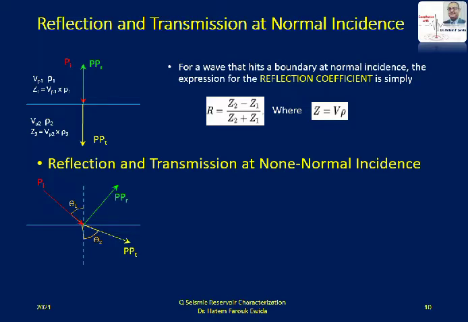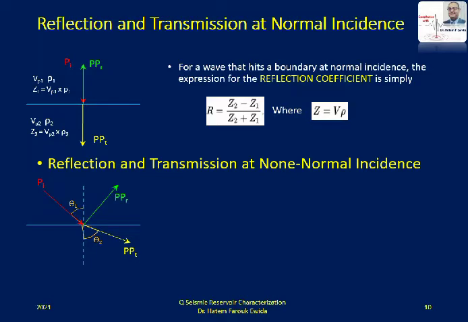It is refracted as a P wave, so we give it the letters PP. PP means incident as P and refracted as P. And another part will reflect back to the surface. It is PP reflected because it was incident as P and reflected as P.